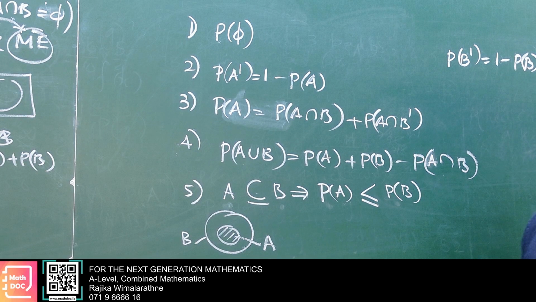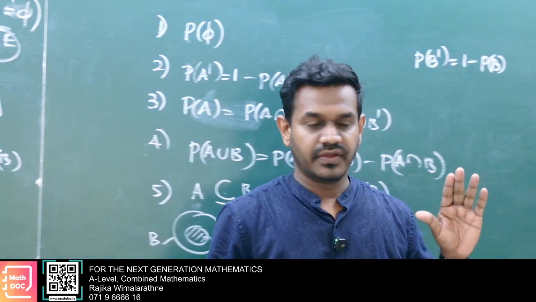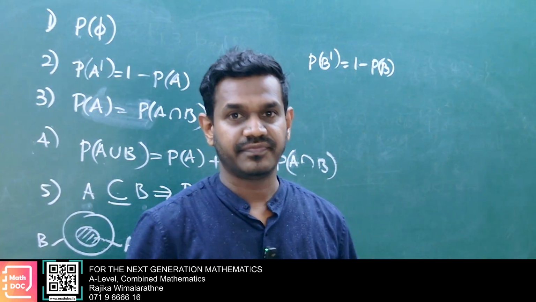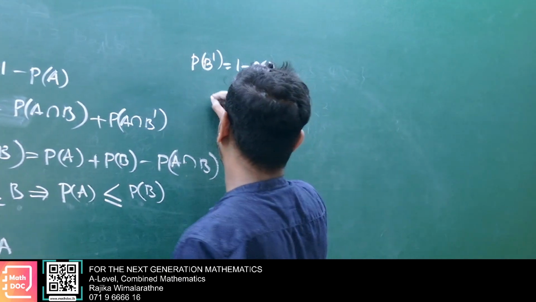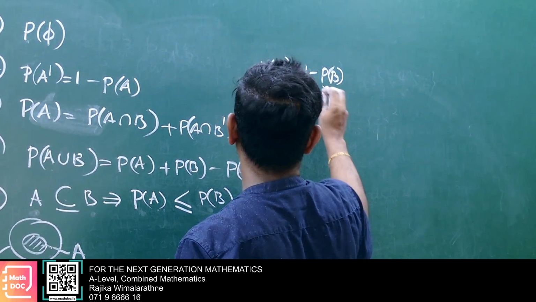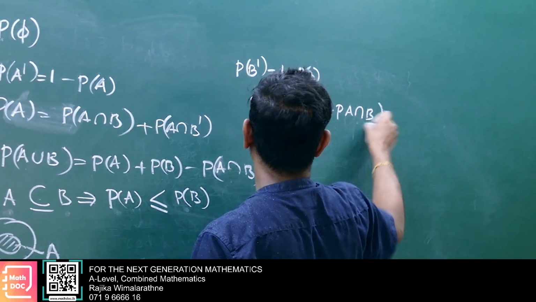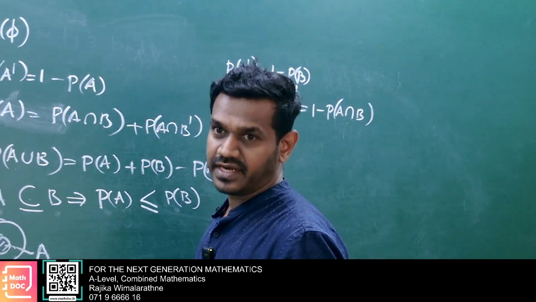Now further, if you have P(A intersection B dash), you write 1 minus P(A intersection B). So on you can write.